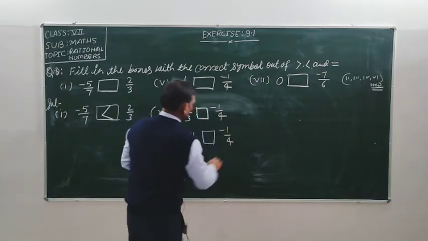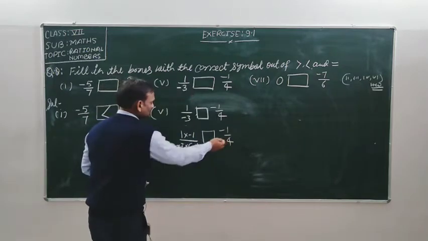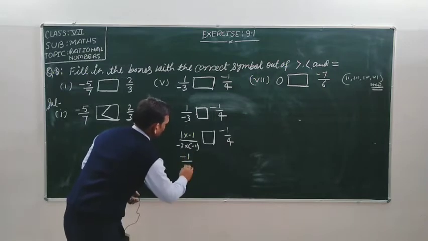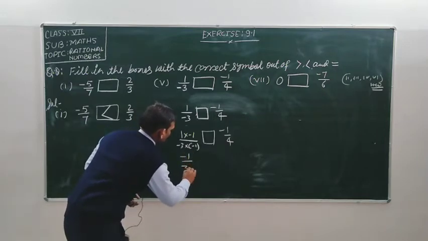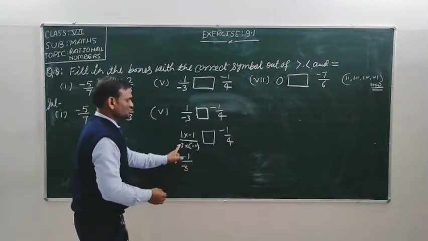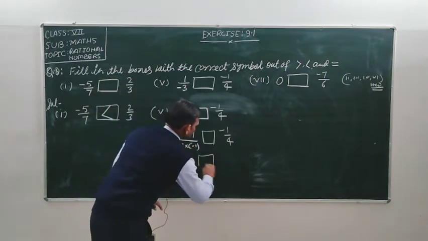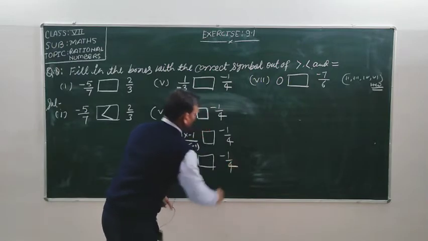Minus 1 upon 4, it is positive already. So we get -1 upon 3, this is positive, minus into minus is equal to positive, box -1 upon 4.